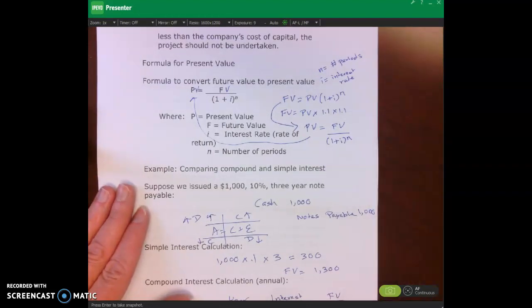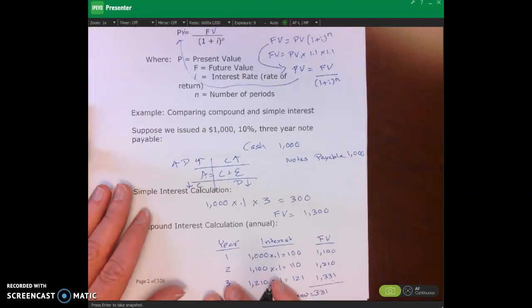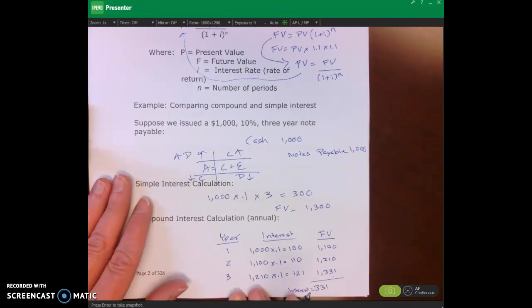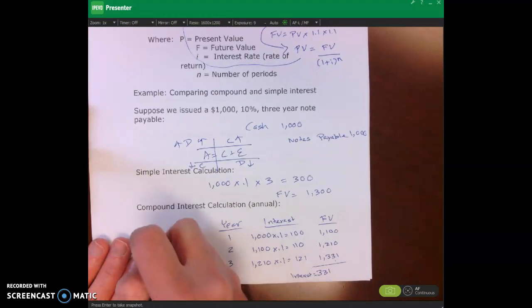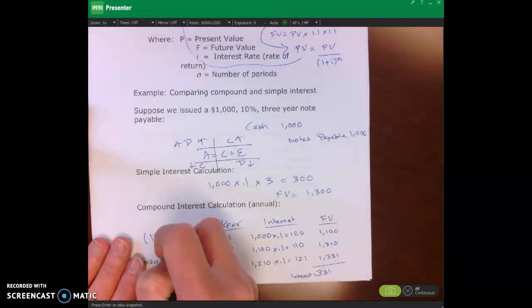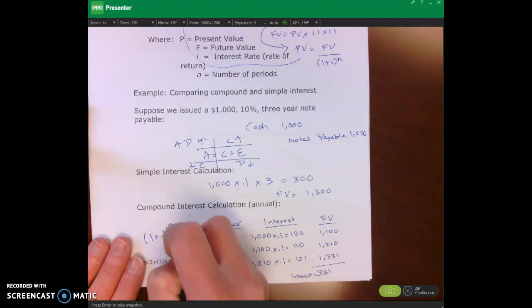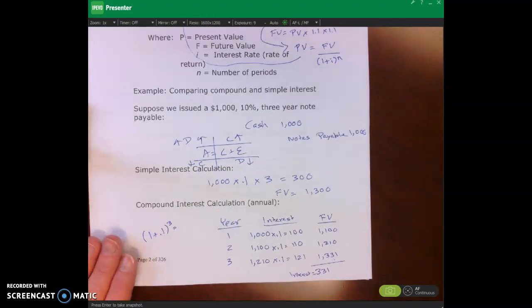If we were to use this formula to solve the problem, we could take 1 plus 0.1 to the third power.